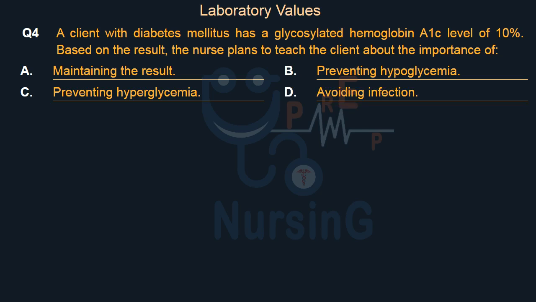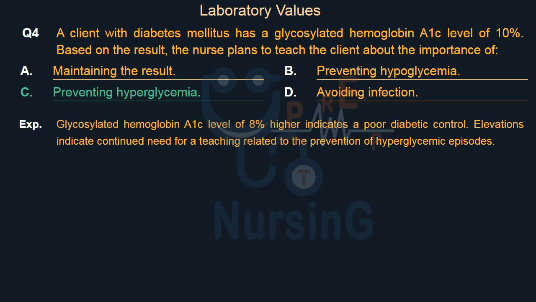Option D, avoiding infection. Right answer is Option C, preventing hyperglycemia. A glycosylated hemoglobin A1C level of 8% or higher indicates poor diabetic control. Elevations indicate continued need for teaching related to the prevention of hyperglycemic episodes.